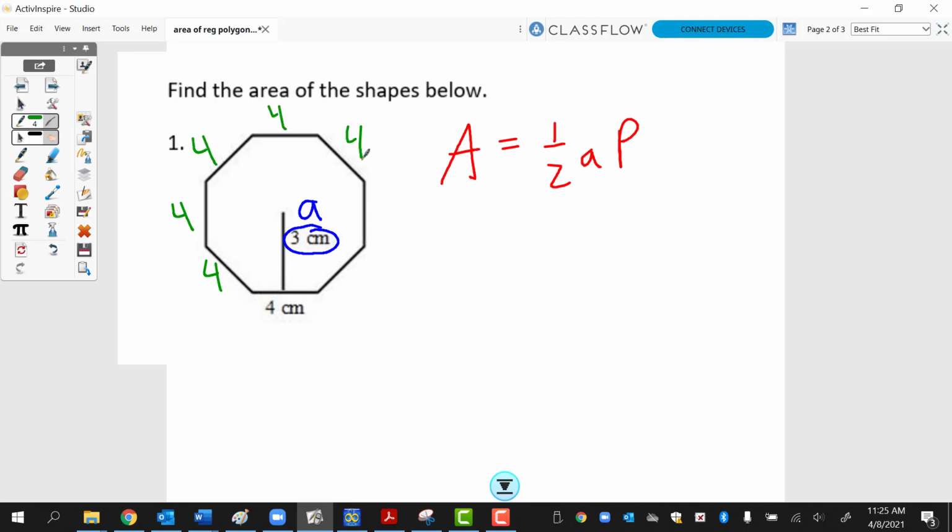You could add all of them together, but we know since they're all the same and the side length's 4, for my perimeter we're going to do 4 times how many sides are there? Well, let's count. 1, 2, 3, 4, 5, 6, 7, 8. There are 8 sides. So side length 4 times the number of sides.